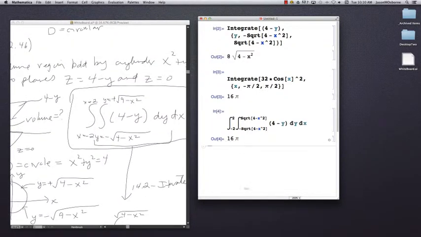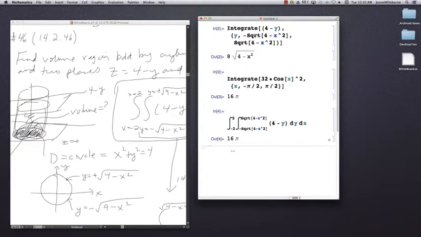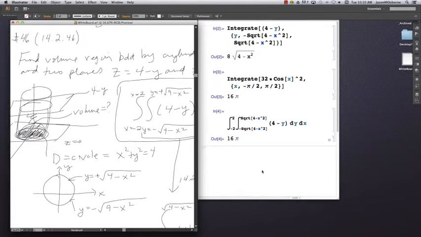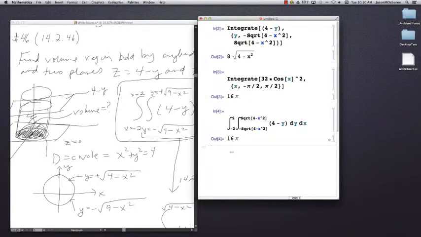Okay, so let's check this plot. Let's make sure we can plot this region, make sure you know how to plot the region. That would be a RegionPlot3D. We need to describe the region as z greater than 0 and z less than the plane. The plane was 4 minus y. And we need to describe our region D here down in the xy plane.